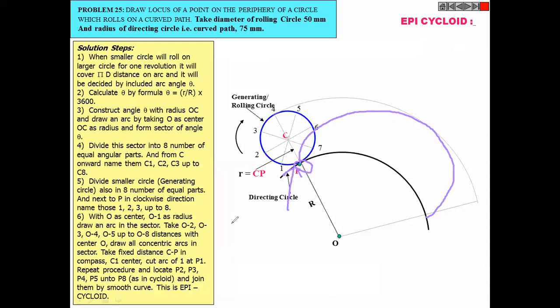The distance of the circle from point P. I asked, if P point starts rotating on that circle, how much distance will it cover? Any idea? You haven't understood my question.